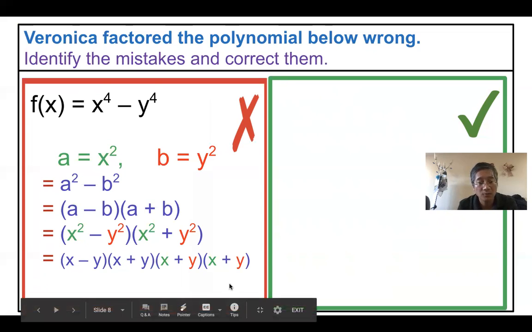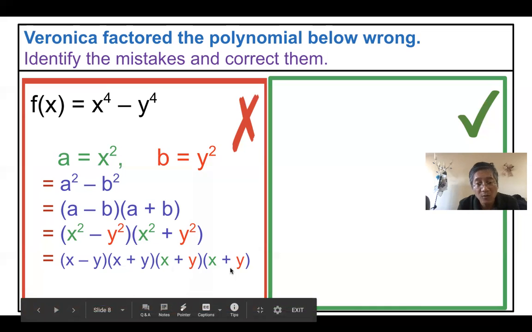Is there any error you find? This is the difference of the squares, x minus y, x plus y, right? A minus b, a plus b form. But x squared plus y squared, can you do this? No, right? x squared plus y squared cannot be factored.